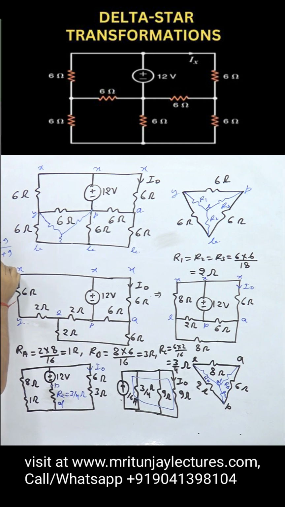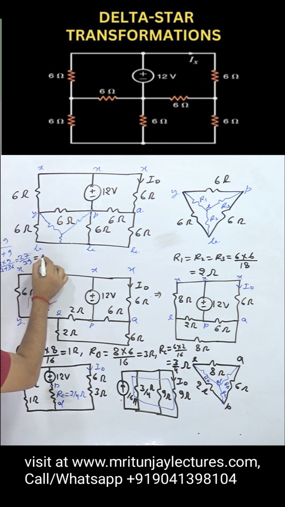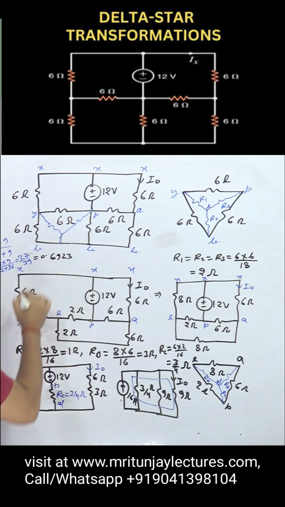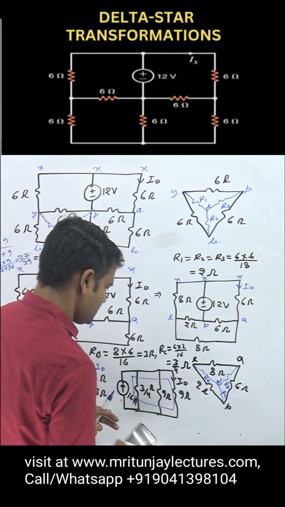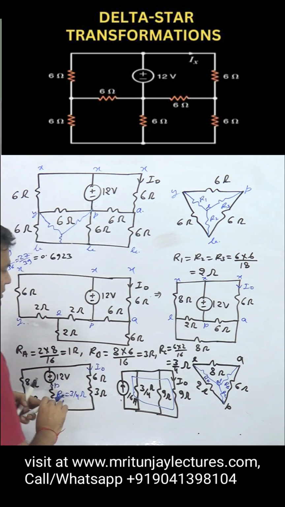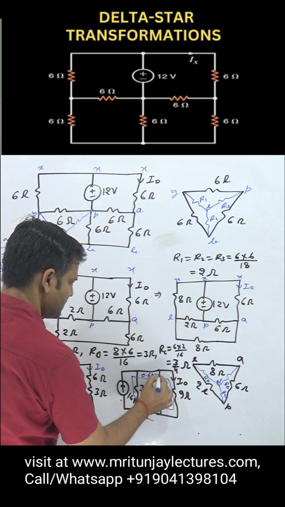We got 3 into 9 divided by 3 plus 36, so 3 into 9, 27 divided by 39. 27 divided by 39, we got 0.6923. Okay, we got 0.6923 ohm.